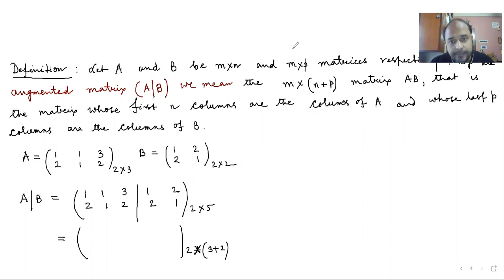This first number 3 is the number of columns present in the first matrix, where n equals 3, and the number 2 is the number of columns present in the second matrix, where p equals 2. That's how we augment things together. And if you want to ask me why augmentation is important, it is for two purposes.